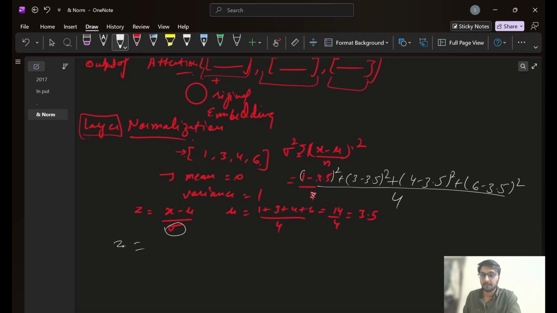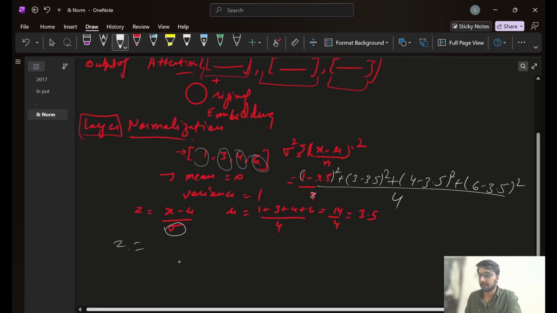So we can compute the score for all the vectors. After that, we will do yi is equal to gamma zi plus bi.